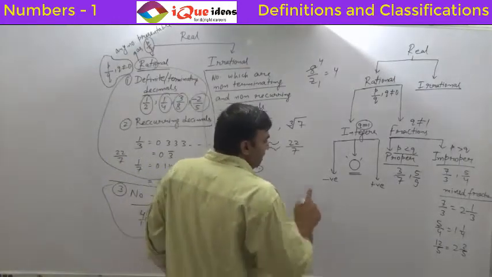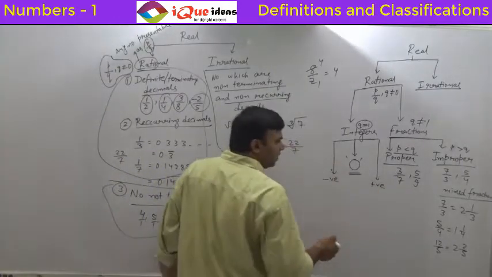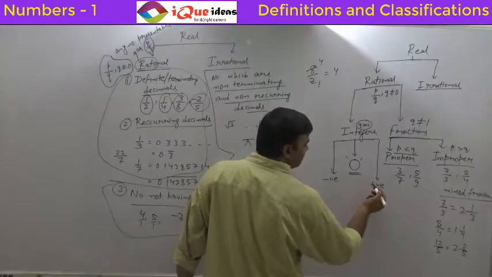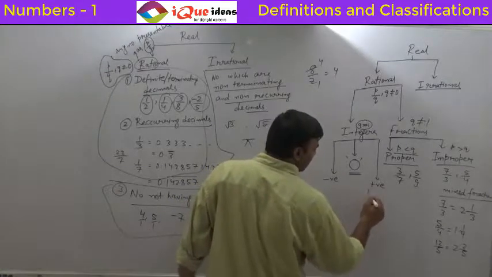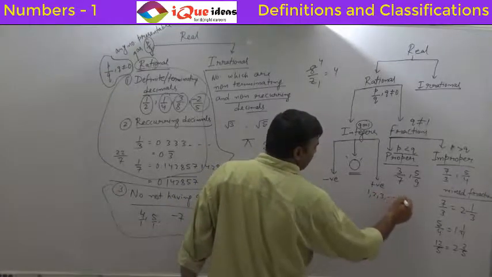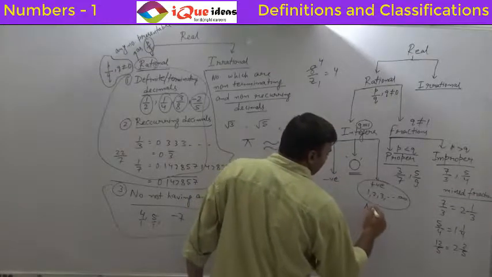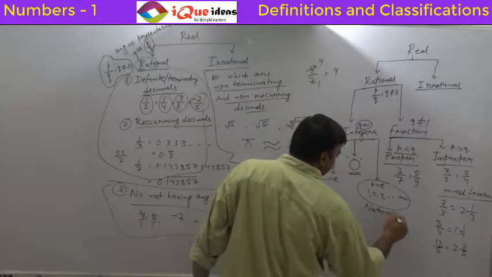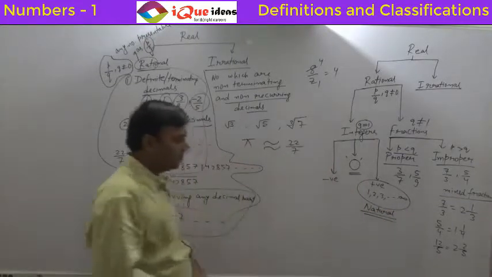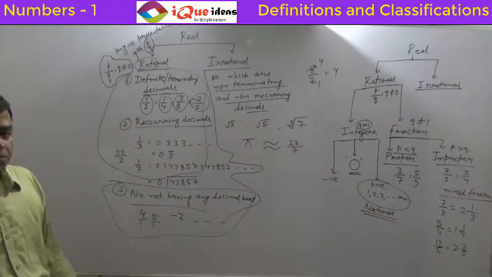Okay. Now positive integers, what do you mean by positive integer? The smallest positive integer is 1, then 2, 3, it goes up to infinity. The set of positive integers, they are called natural numbers. I'm sure you have heard about natural numbers.